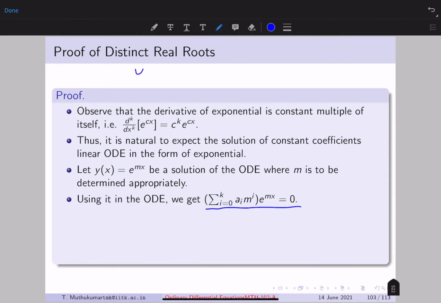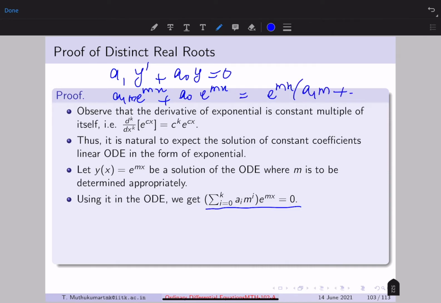For instance, in the first order situation, if it's a_1 y prime plus a_0 y equal to 0, then if you use this information that y is e^(mx), then y prime is m e^(mx). So a_1 m e^(mx) plus a_0 e^(mx), and e^(mx) comes out, which gives e^(mx) times (a_1 m plus a_0), and that is equal to 0.